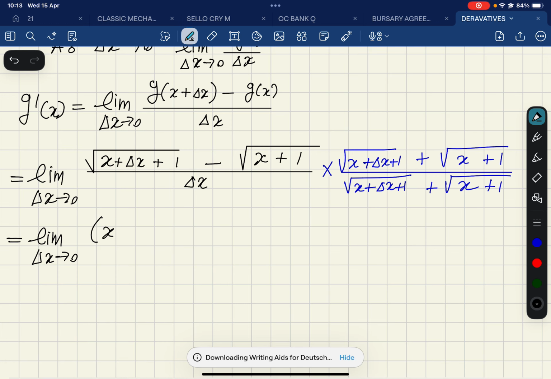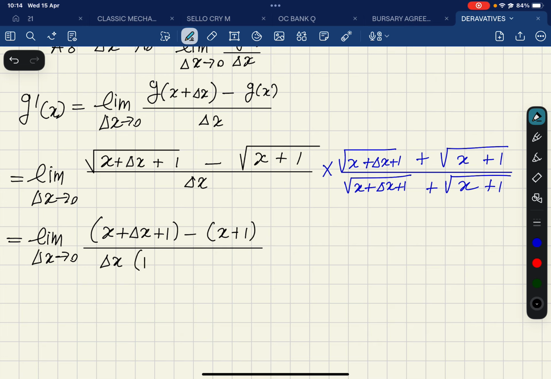In the numerator, I will remain with change in x plus 1 minus x plus 1, all divided by change in x times the square root of x plus change in x plus 1 plus the square root of x plus 1.